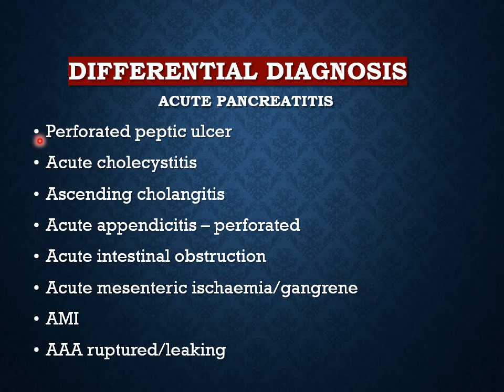Perforated peptic ulcer, acute cholecystitis, ascending cholangitis, acute appendicitis with perforation, acute intestinal obstruction, acute mesenteric ischemia with gangrene, acute myocardial infarction, and abdominal aortic aneurysm rupture or leaking. Okay, so these are all causes of acute abdomen.